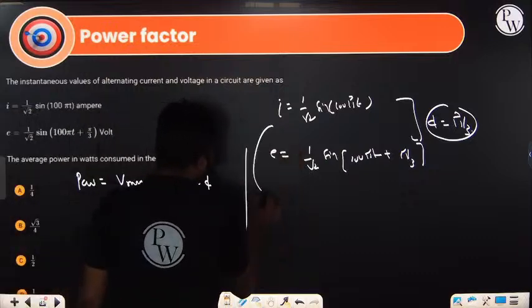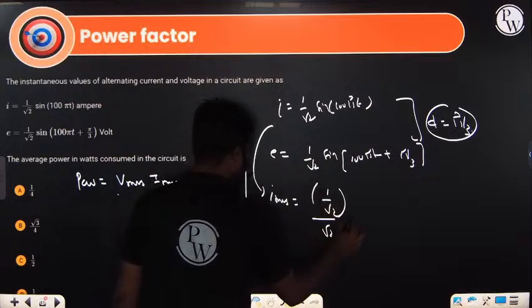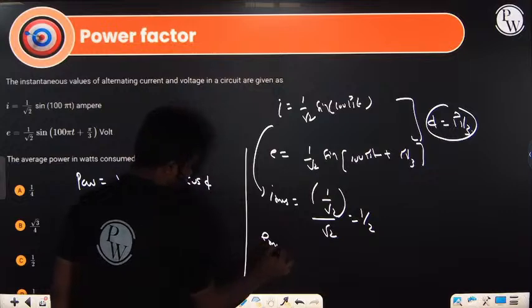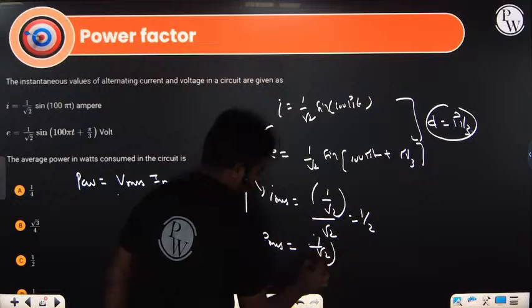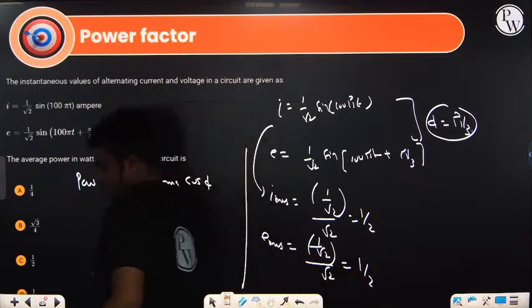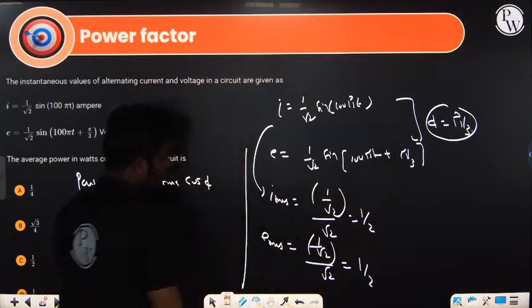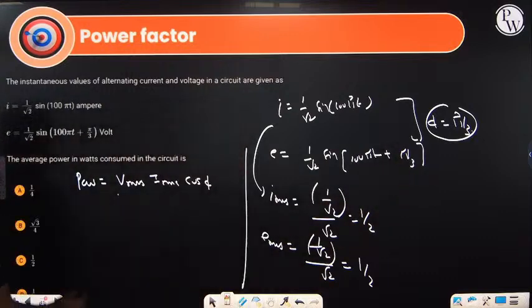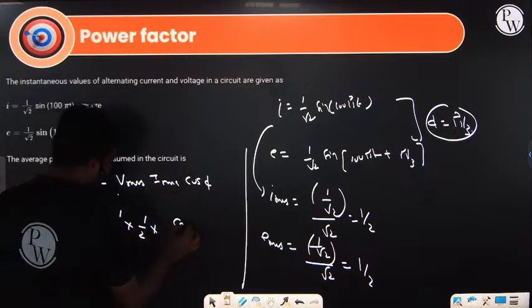So here, what is Irms? 1 by root 2 times root 2, so we get 1 by 2. And Erms is again 1 by root 2 times root 2, which is 1 by 2. So the average power is Vrms, 1 by 2, into Irms, again 1 by 2, into cos phi, which is cos pi by 3.